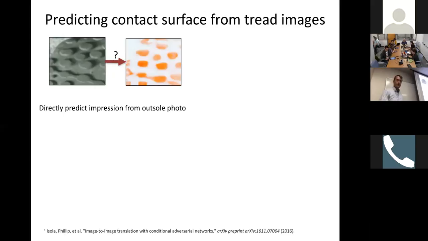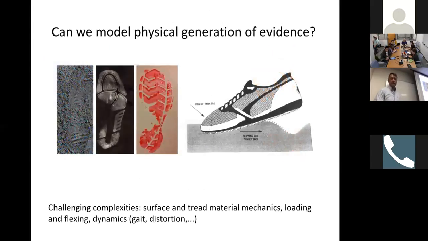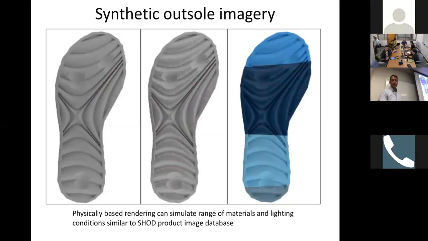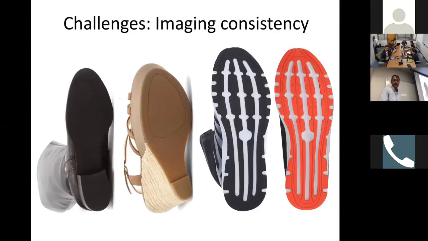So, in this setting, class characteristics really refer to things which are properties of the mold that the shoe was manufactured with. So we think of them as, when the shoe was manufactured, what characteristics were imparted to the shape of the rubber. And so the distinction is between that and characteristics which are acquired during use.